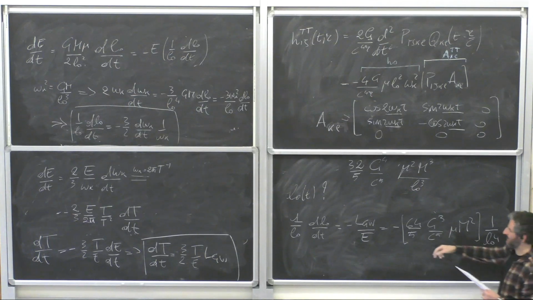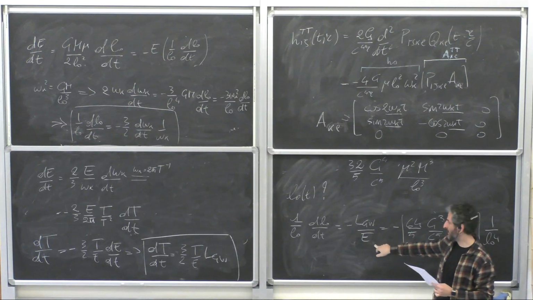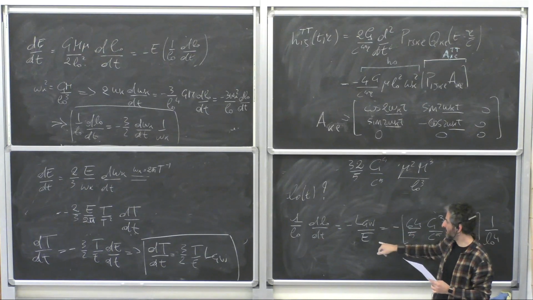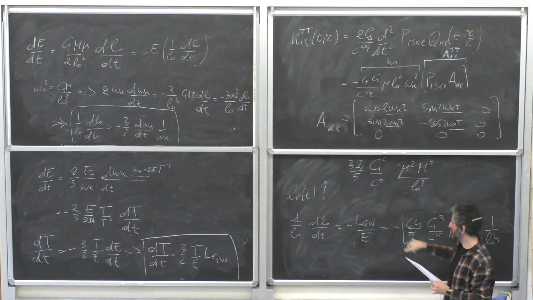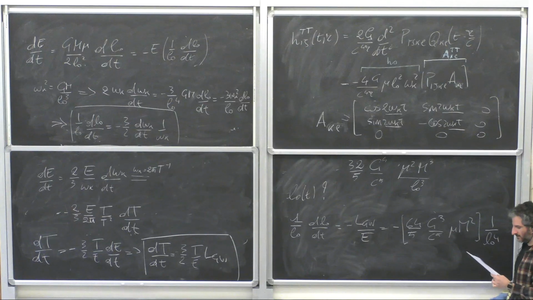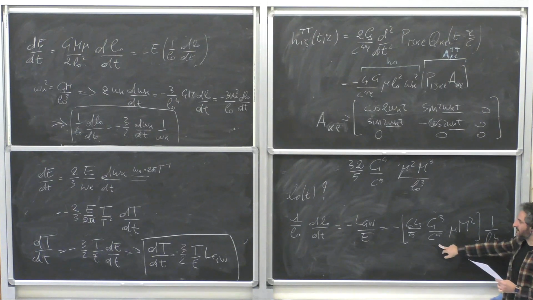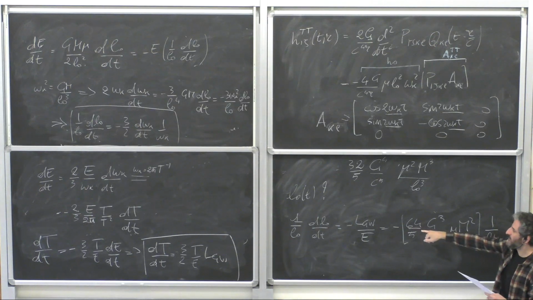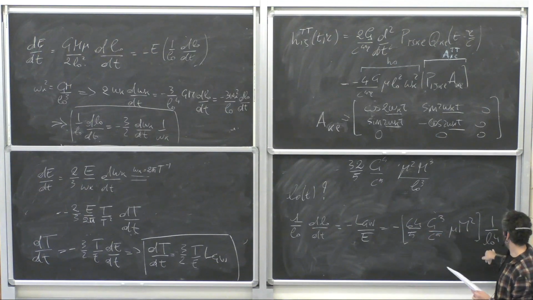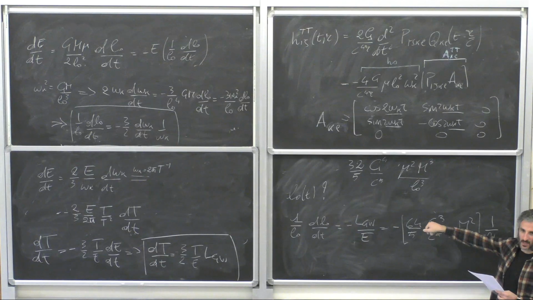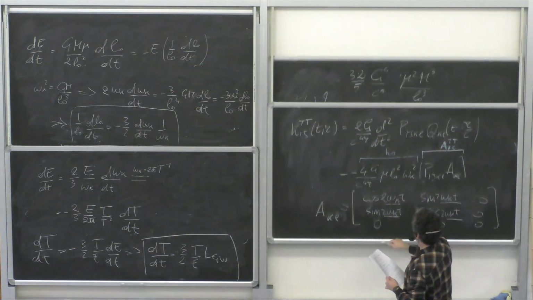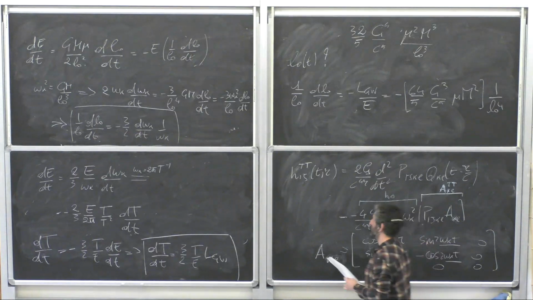I just plugged in the expression that we have for the energy. It was minus G M mu divided by L0, and this expression here, and simplified. This can be easily simplified. There is L0 there, which depends on time, and you can easily bring L0 over and integrate on both sides. And what we're going to find is the following.